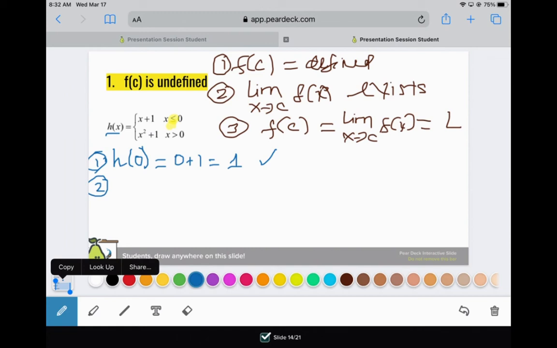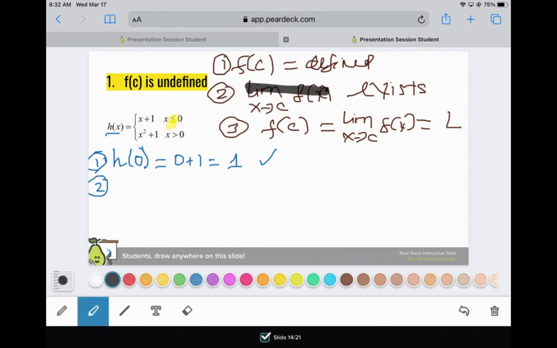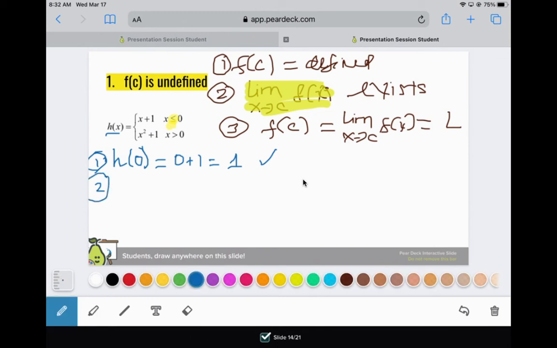Step 2 is that we check for the limit. If you remember from the last class, we're going to check the top and the bottom to see if they equal. So we test it out: 0 plus 1 gives me 1.